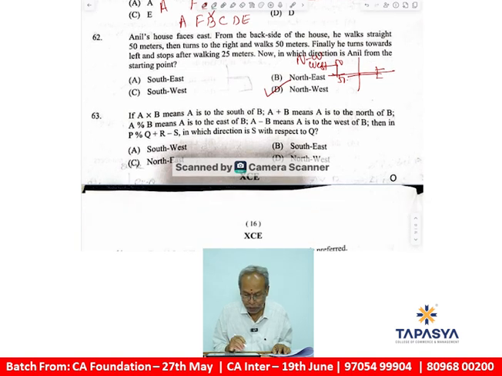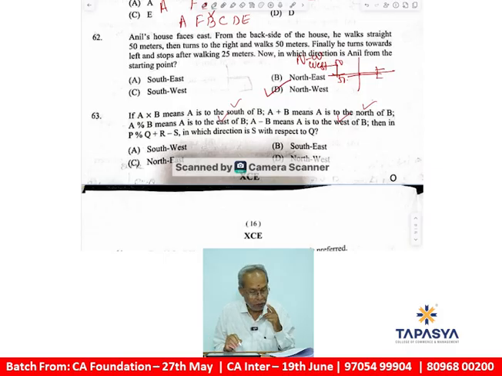So question number 63. Here coding is given: A into B means A is south of B. So into is showing south, plus is showing north, the percentage symbol is showing east, minus is showing west.